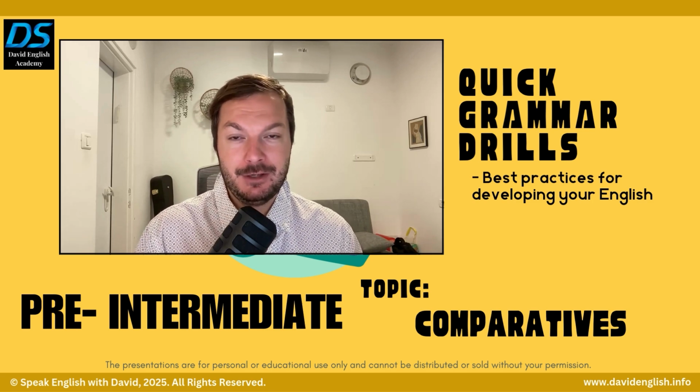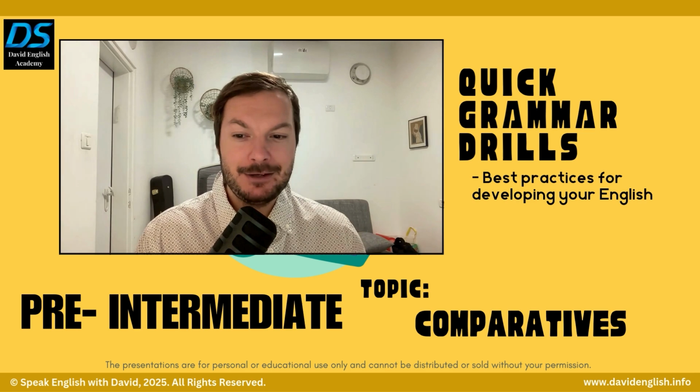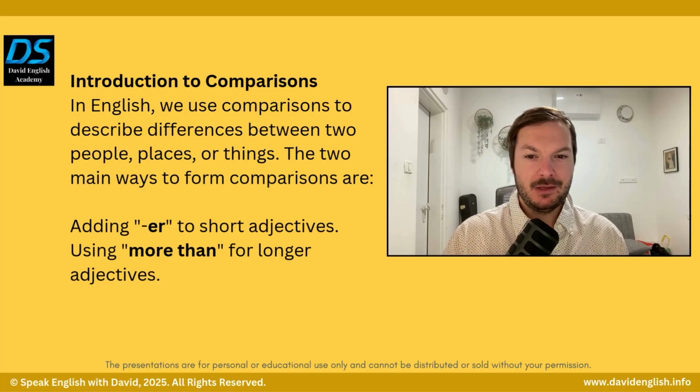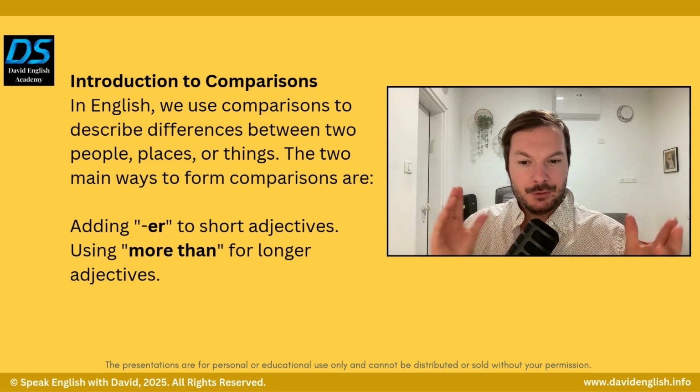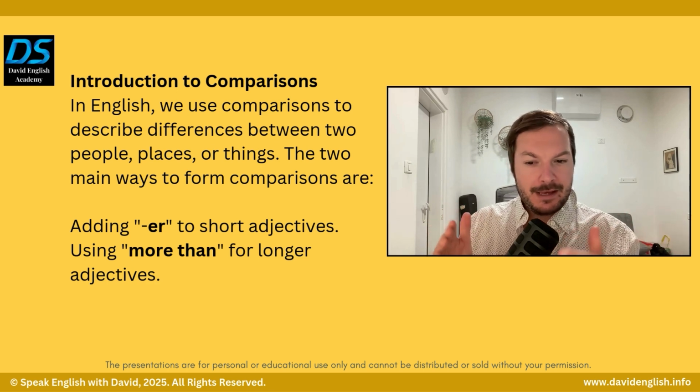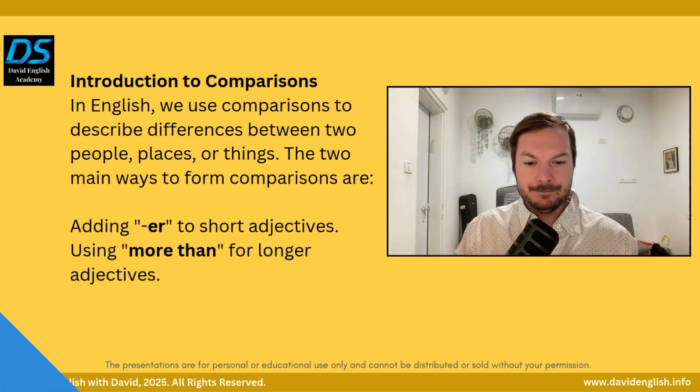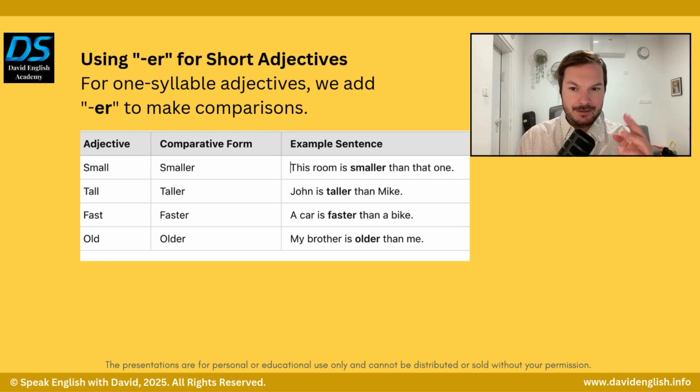All right, let's jump in and master comparatives. In English, we use comparisons to describe differences between two people, places, or things. The two main ways to form comparisons are adding -er to short adjectives, and using more than for longer adjectives. Using -er for short adjectives. For one syllable adjectives, we add -er to make comparisons. For example, small, smaller.